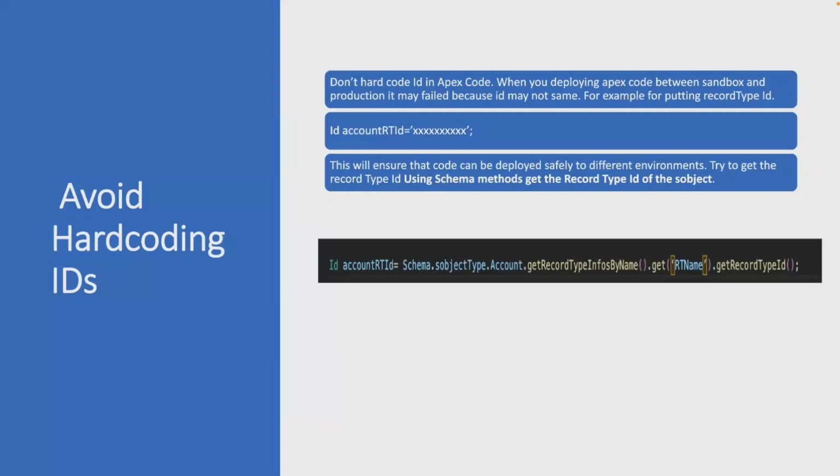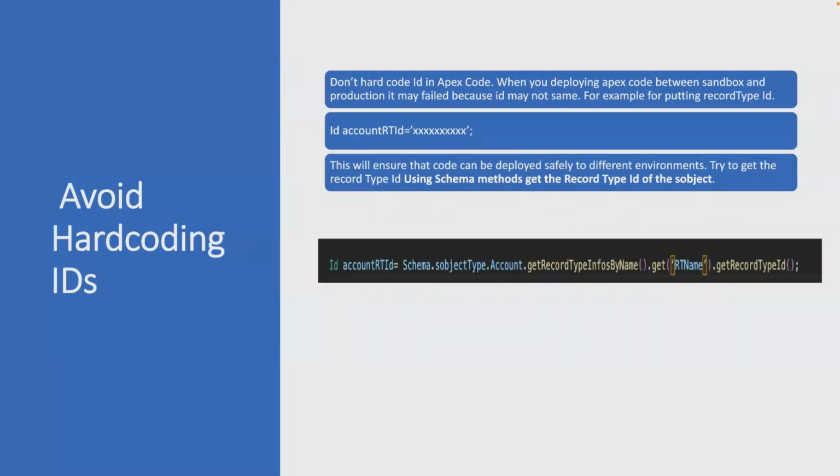Next is avoiding hard-coded IDs. Let's suppose we are writing a test class and creating a data factory method for a class.